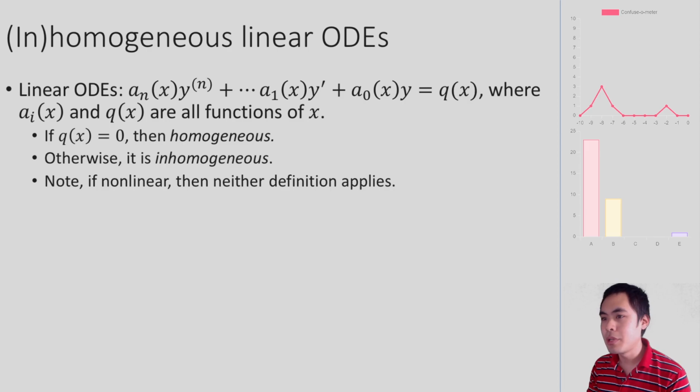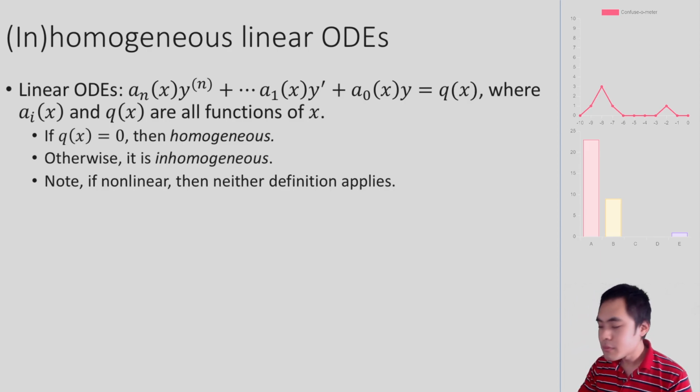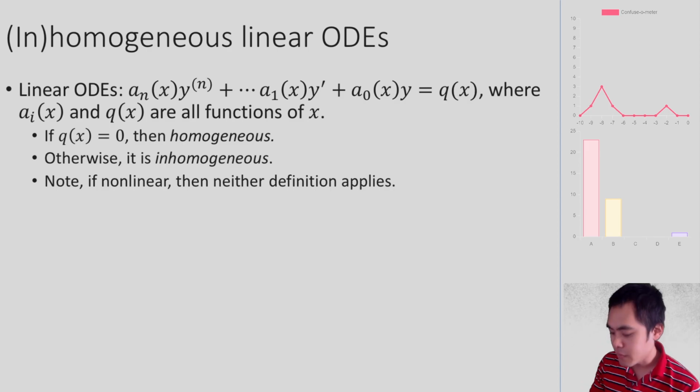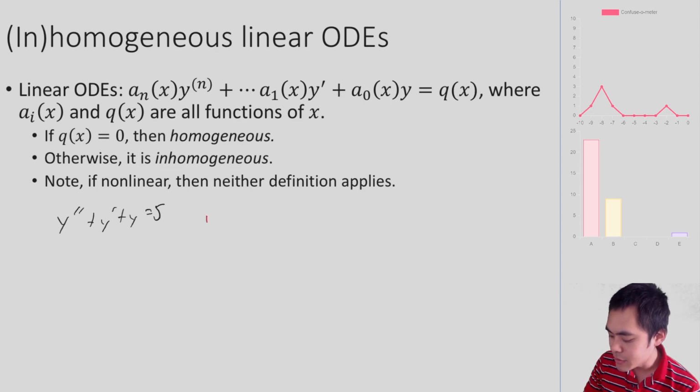Let's give a couple examples of this. Let's say we have y double prime plus y prime plus y is equal to 5. This is inhomogeneous because the right-hand side is not 0.